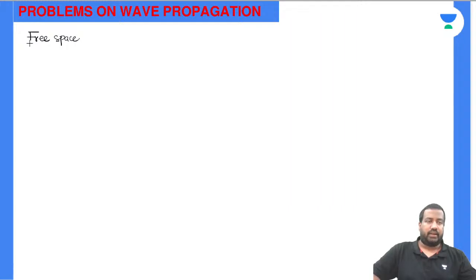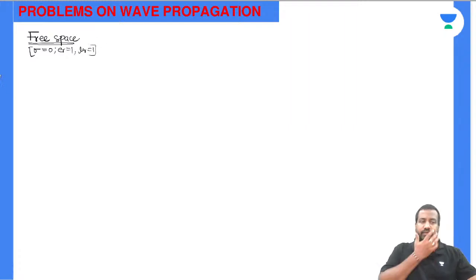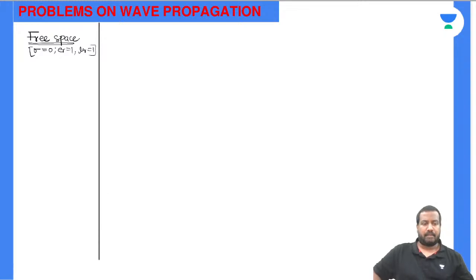We had covered EM wave propagation in free space. Sigma is 0, epsilon r is 1 and mu r is 1. This was for free space.